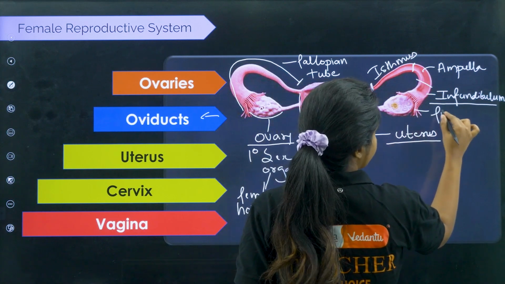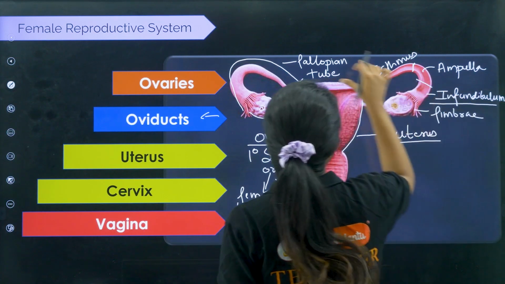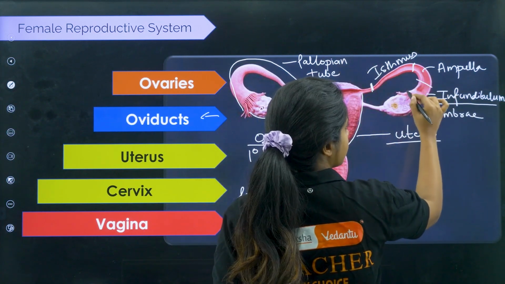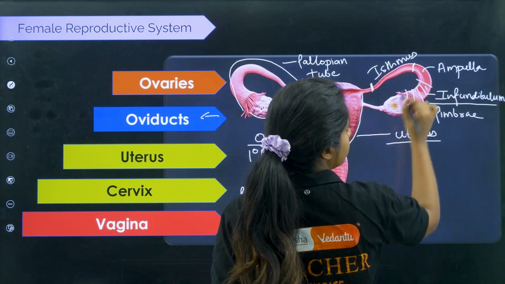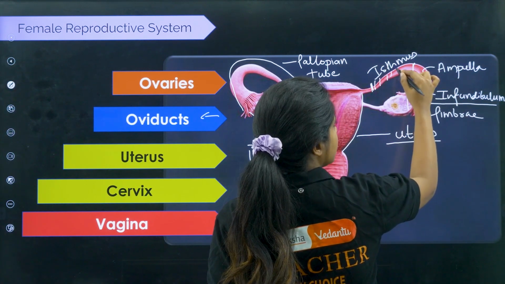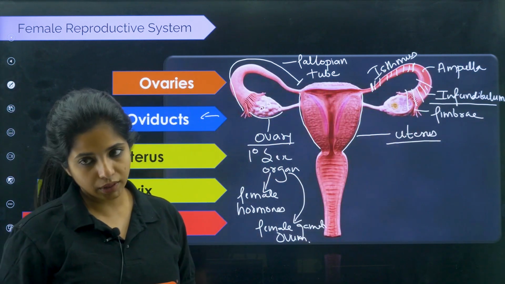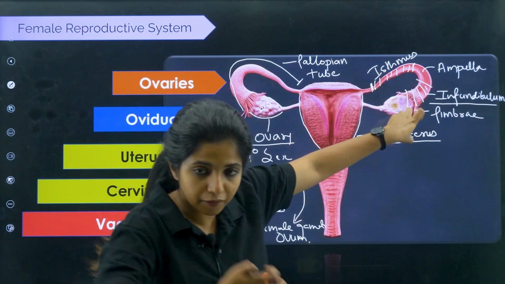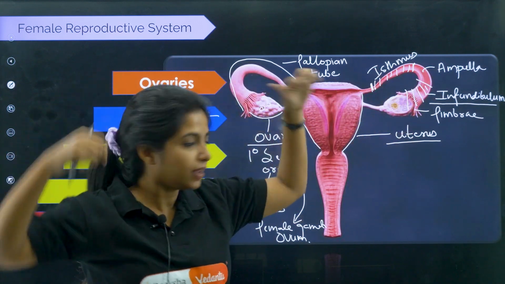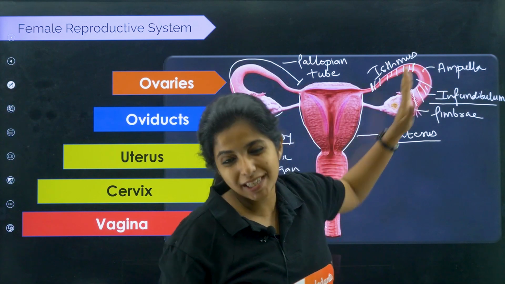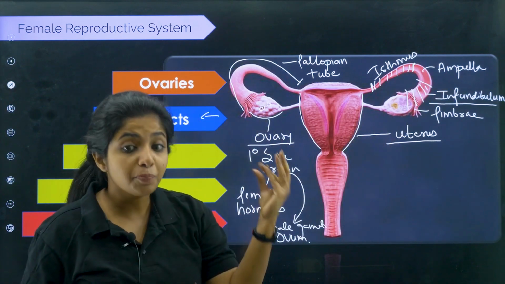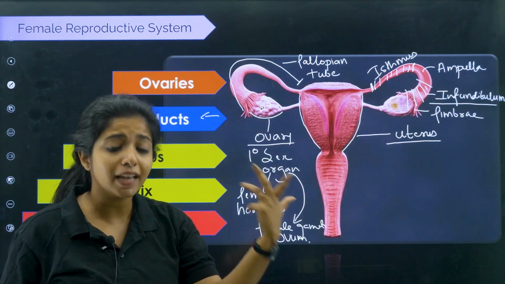You call this the fimbriae. So basically, the fallopian tube is divided into 3 segments: the infundibulum, then the ampulla, then the isthmus. The ovum is carried with the help of fimbriae. It's like, come, let's go. The ovum is carried and goes to the ampulla. It stays there. The sperm, it has to get inside the female body.